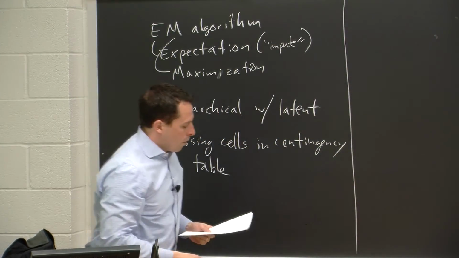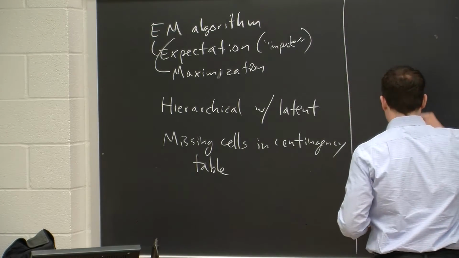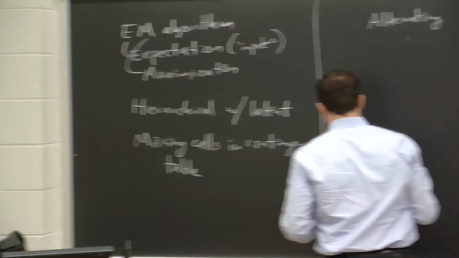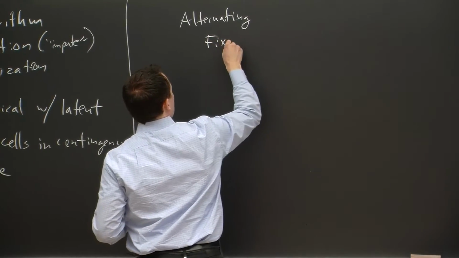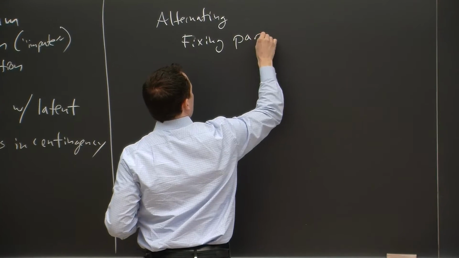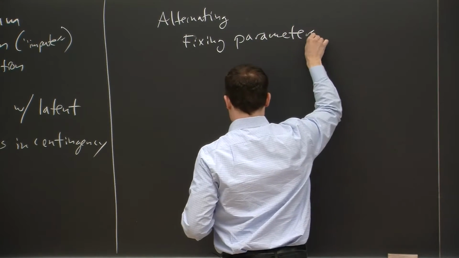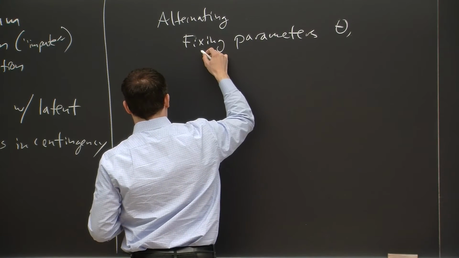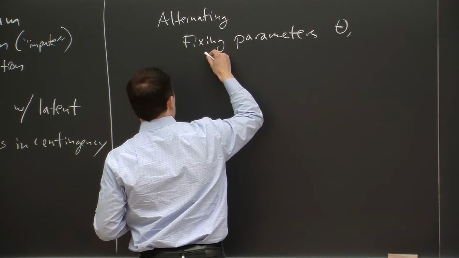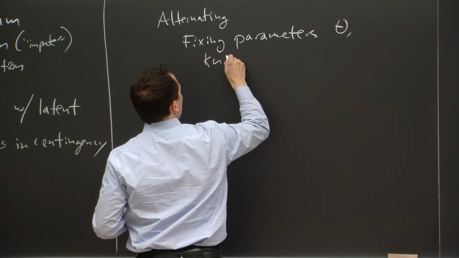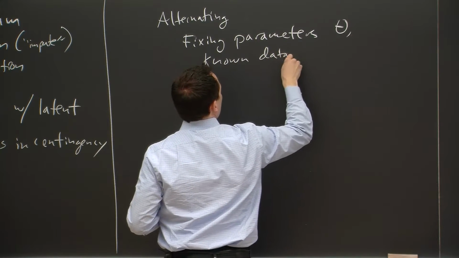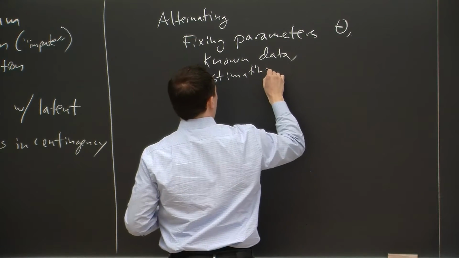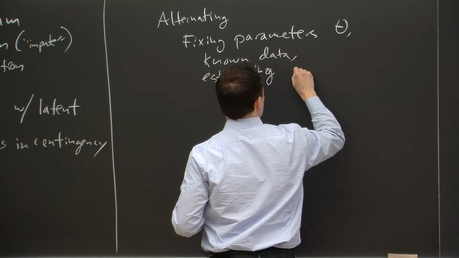So we're alternating between fixing the parameters and fixing the known data and estimating or finding the expected missing data.